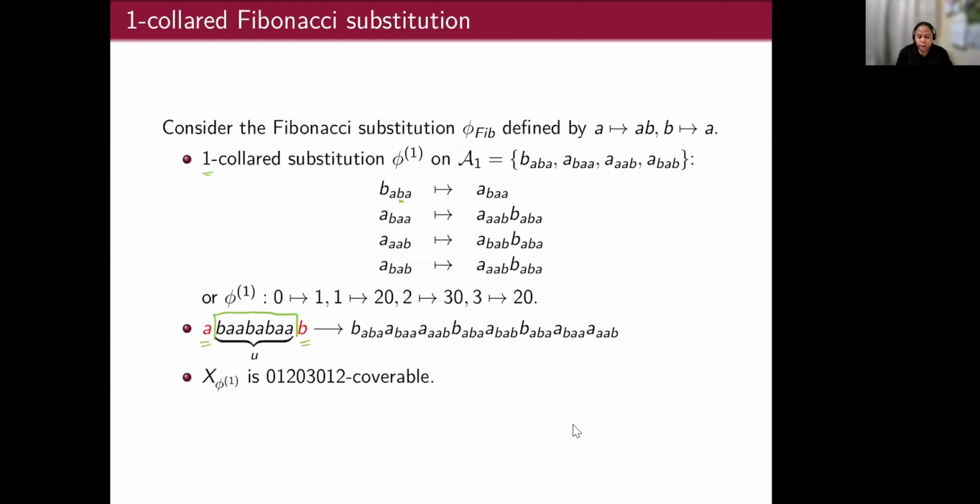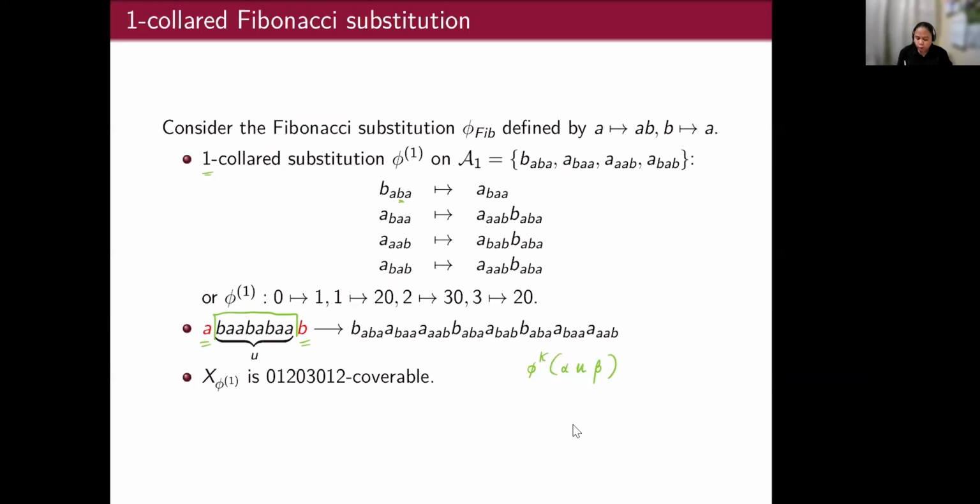So if we have our U here, it's uniquely preceded by A, uniquely succeeded by B. We want to get the image of this cover under some kth iteration of the substitution.